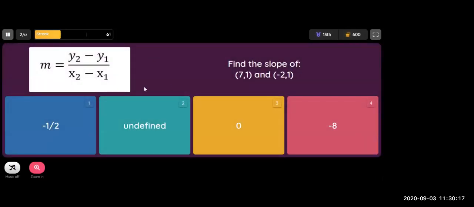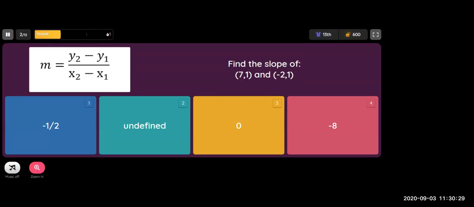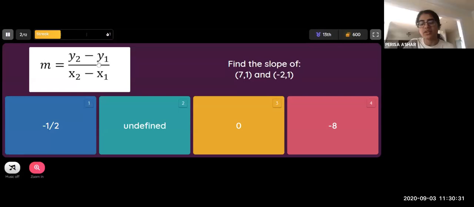Find the slope of 7, 1 and negative 2, 1. The slope formula is given on the left. See if you can find the answer, and whoever gets the right answer by putting it in the chat box wins the question.